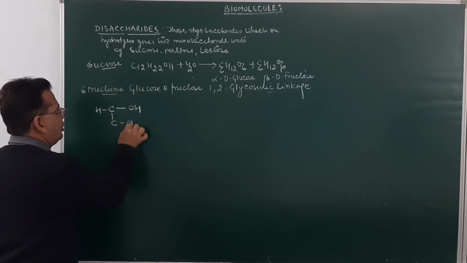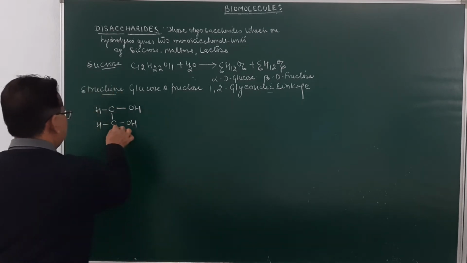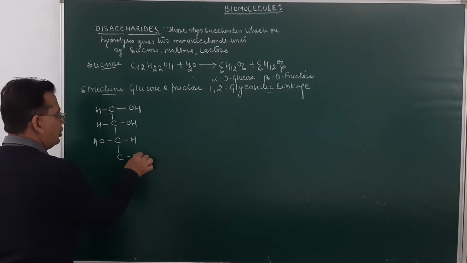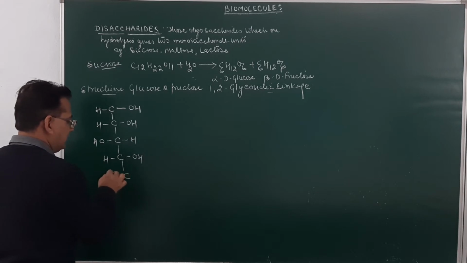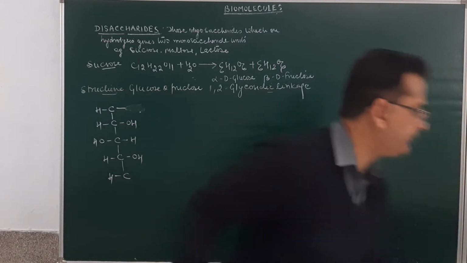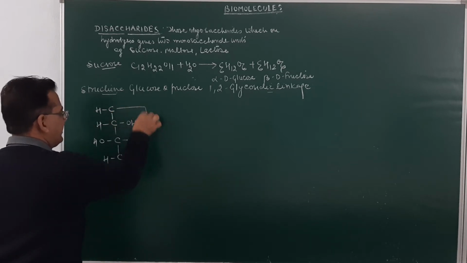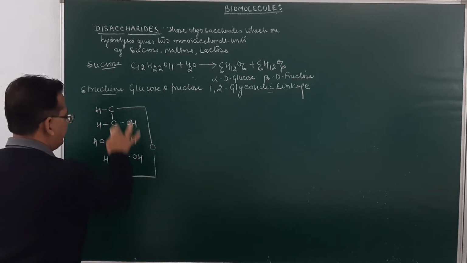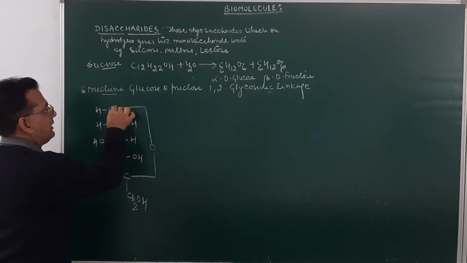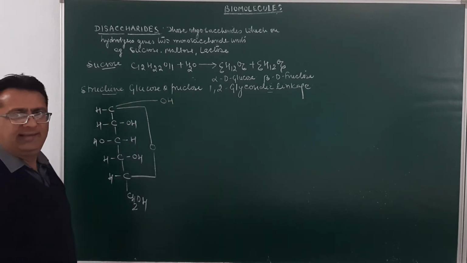Then C, OH, and then H; then C, OH, H; then C, this will be H. Over here they are joined by a 1,5 linkage, and this will be CH2OH. Now see very carefully. This over here is an OH group on carbon number 1.